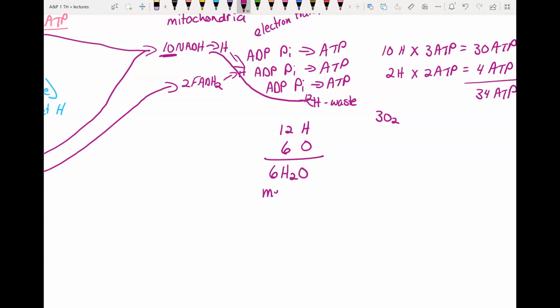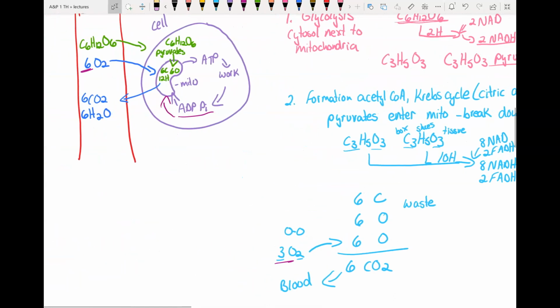And this is called metabolic water. It's metabolic because it is made by your cells. So whenever you're doing cellular respiration, your cells are actually making water and putting it in your blood. So this goes to your blood. So that is why over here we had 6 carbon dioxides and 6 waters going back to the blood from the mitochondria.